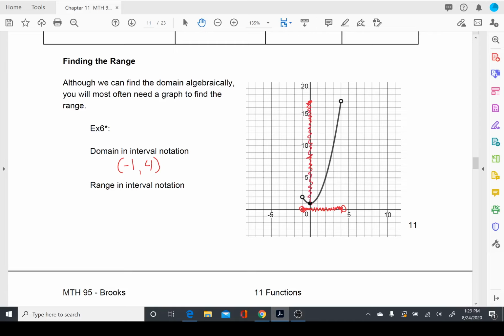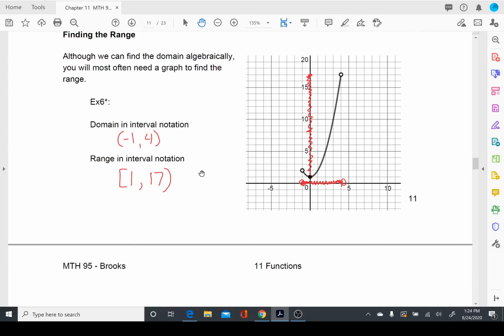So from 1 to 17. And we're going to use an inclusive bracket for the 1 because it included the 1. We've got a filled in circle there, and we'll use an exclusive bracket for the 17 because it got really close to 17 but didn't equal 17, again because of that open circle at the top of the graph.